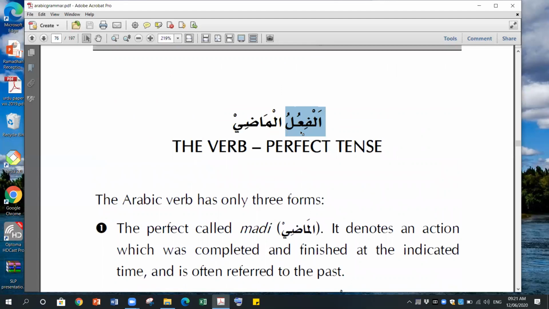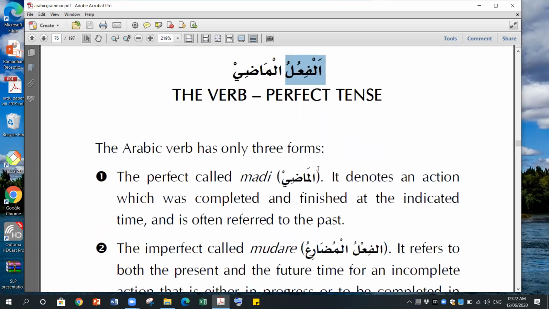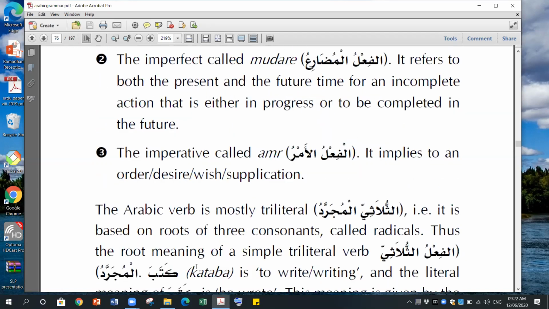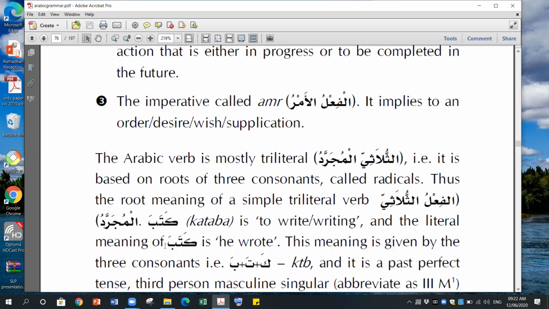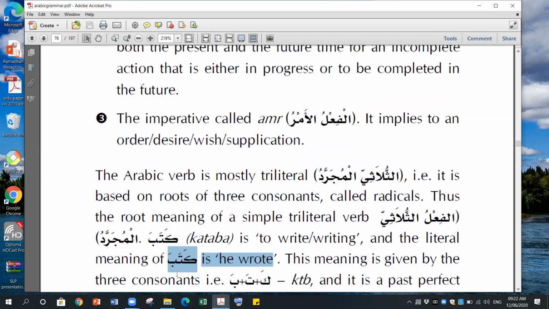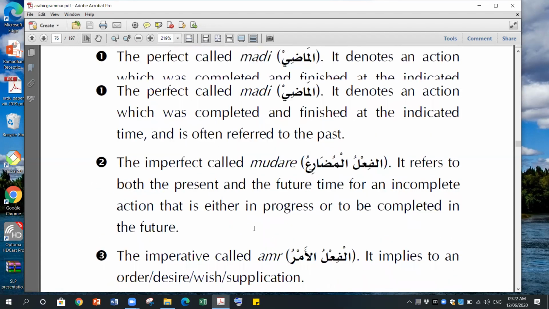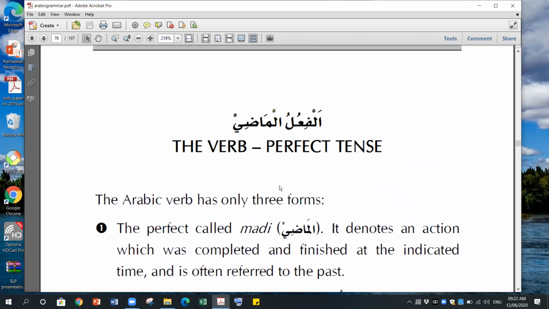We will say fa kalima, ain kalima, lam kalima, because the word will keep changing. For example, we said kataba. It means he wrote. What are the letters here? Ka, ta, and ba. I will ask you, Nashmi, what is fa kalima in kataba?